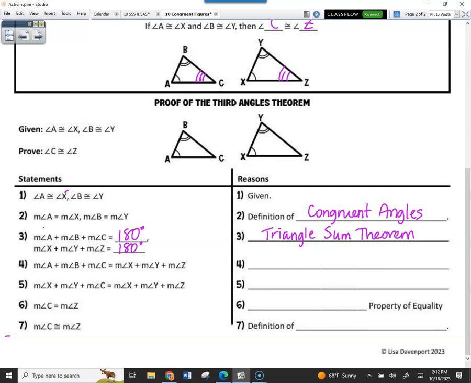And it says they are what? Well, that's because they both equal 180. If they both equal 180, then they both equal each other, right? This is called substitution. What they've done is they've taken the 180s out and said, okay, so then they have to equal each other because they both equal 180. So this is substitution.